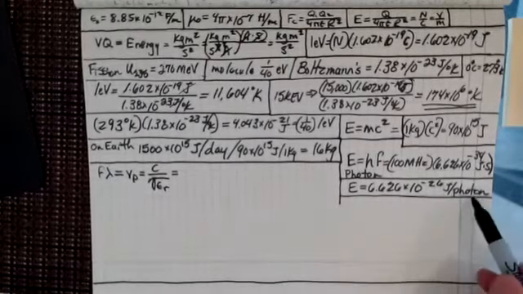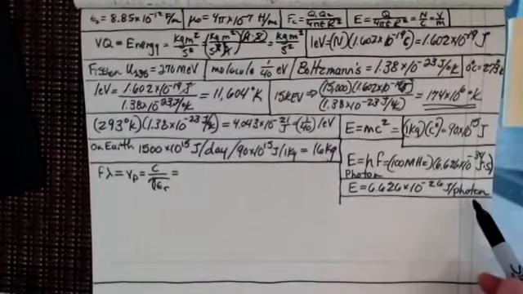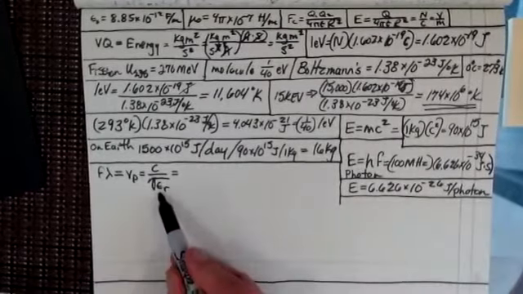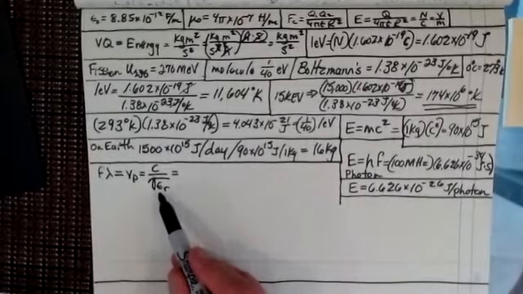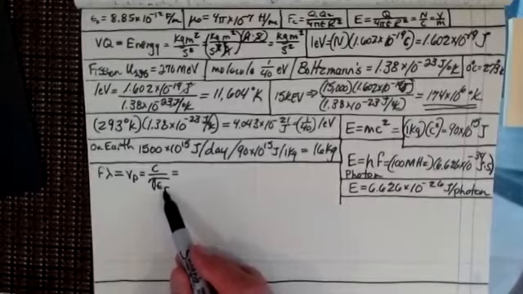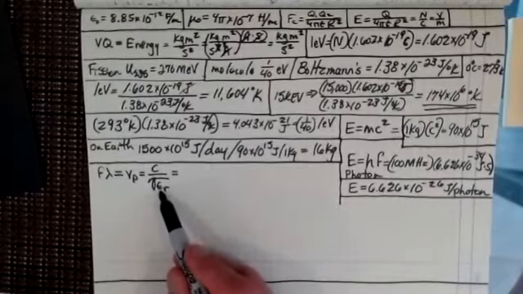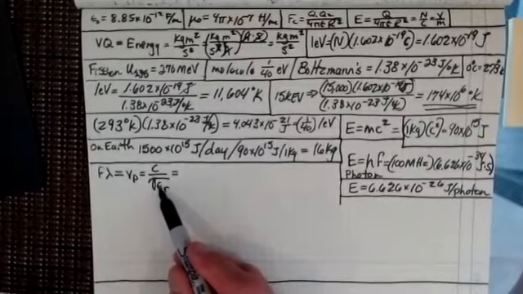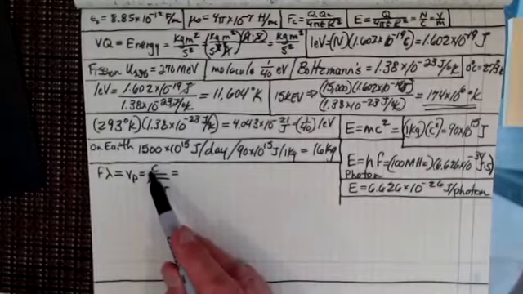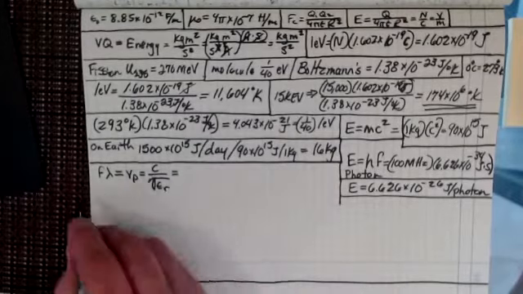Let's say that this photon here is traveling through the atmosphere of the Earth. Well, the relative permittivity of the atmosphere is basically 1, 1.0004 or something, and the relative permeability of the atmosphere also is 1. So we really can say that this is traveling at the speed of light, isn't it?